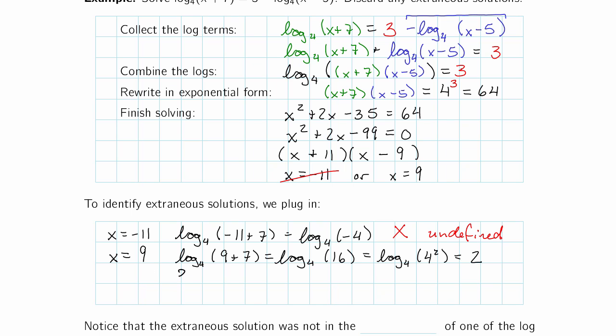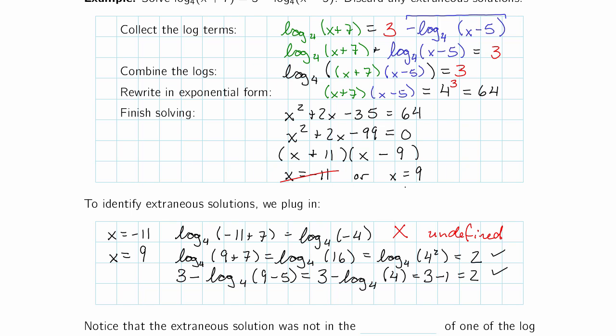On the right, we have 3 minus the log base 4 of 9 minus 5. So that's 3 minus the log base 4 of 4. The log base anything of the thing is 1. So this is 3 minus 1, which is 2. Those are actually equal.